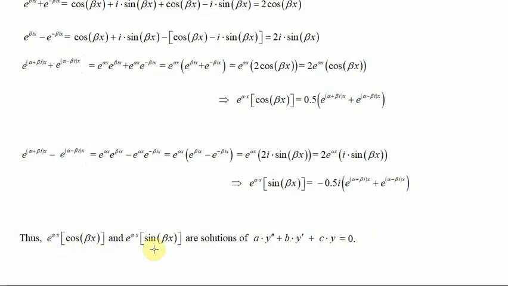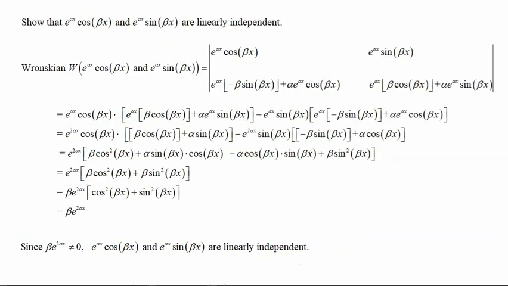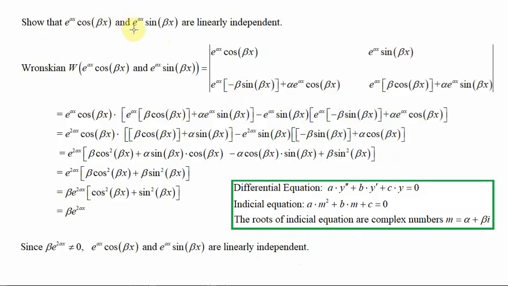Next, we need to show that these two functions are linearly independent so that we can use them to form the basis for the solution space of this differential equation. So the Wronskian determinant of these two functions: here are the two functions, and here are the derivatives of the two functions. Cross multiply and subtract.